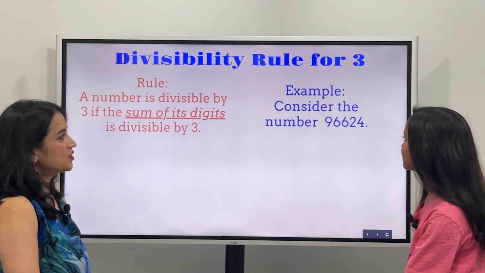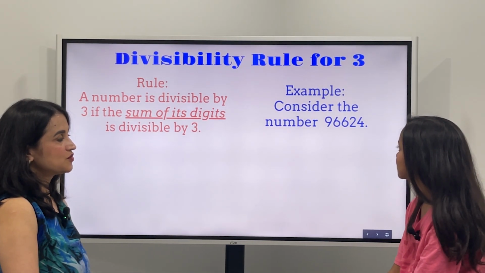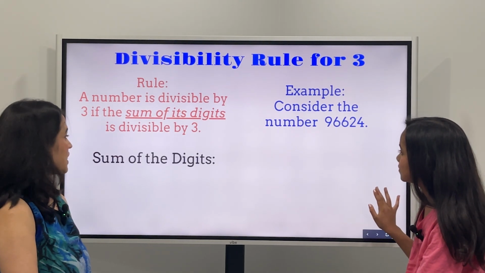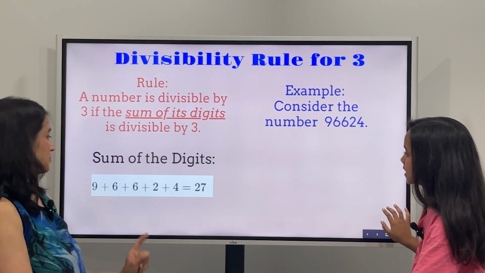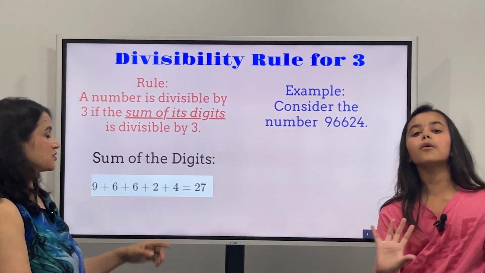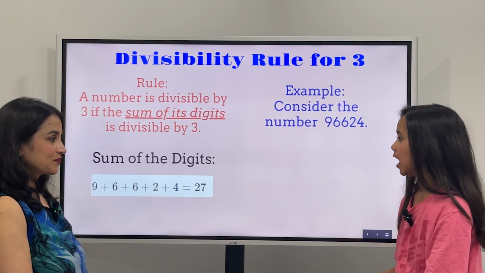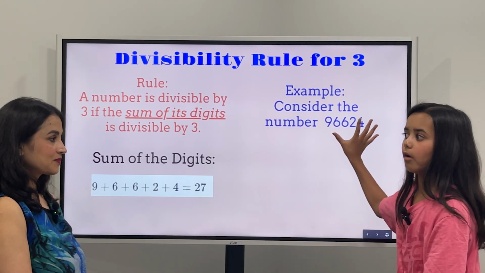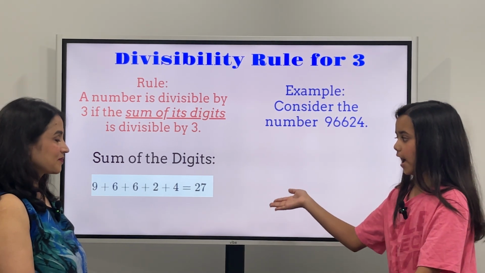Okay. So example, consider the number 96624. So as it says, sum of the digits. So first, for the example for 3, you have to add up all of these numbers. And it equals 27 for our number.